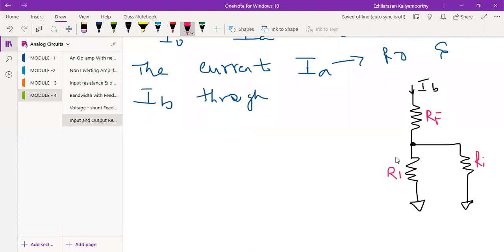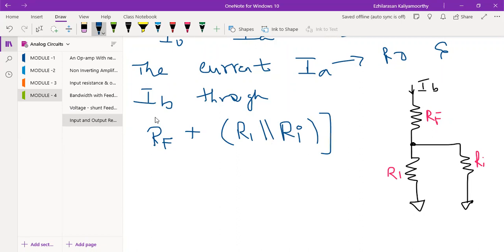Okay. Now we simplify this resistance network. What I will get is the RF in series with the parallel combination of R1 and RI, since both are connected in parallel actually. So I will get R1 parallel with RI.